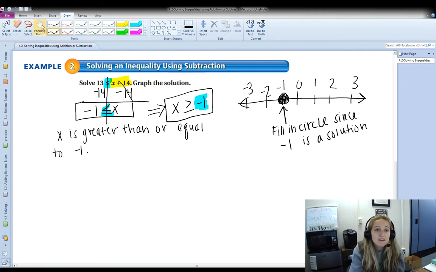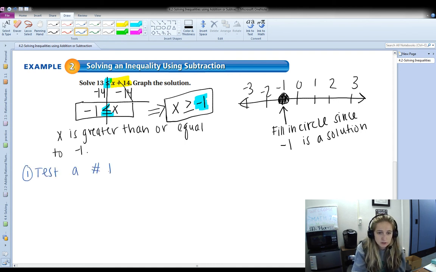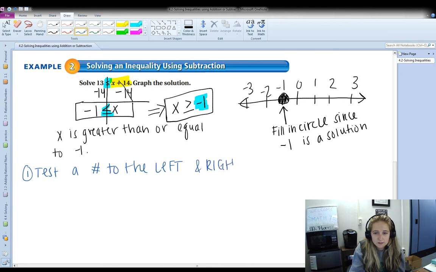Okay? Now we're going to go and do what we always do, which is we need to test a number to the left and the right of negative 1. Okay? So let's do it down here. So if x equals, let's pick a number to the left. Let's pick negative 3.